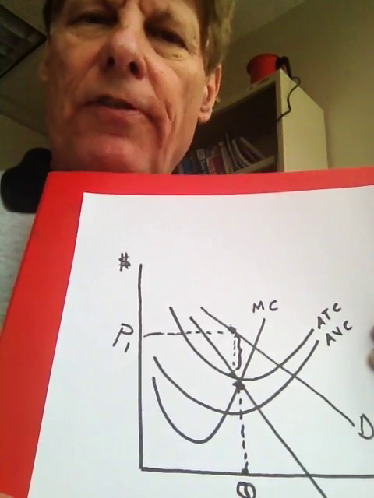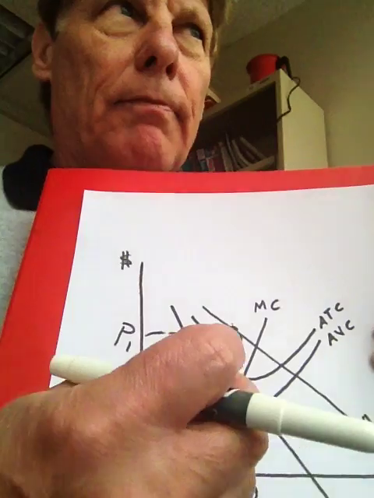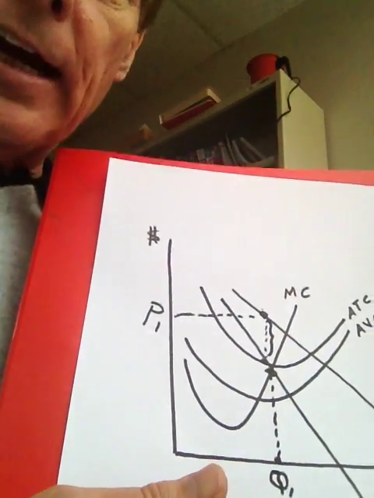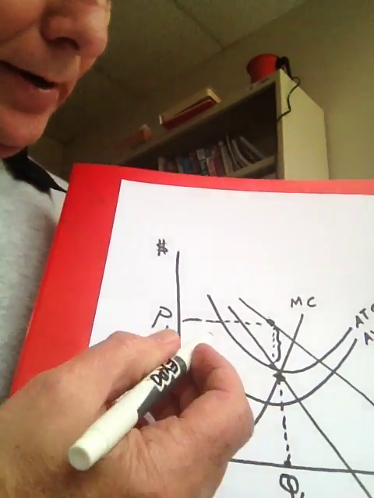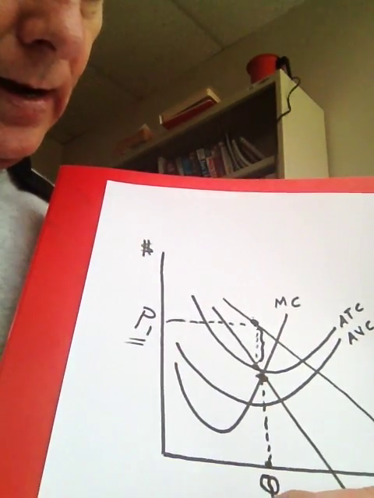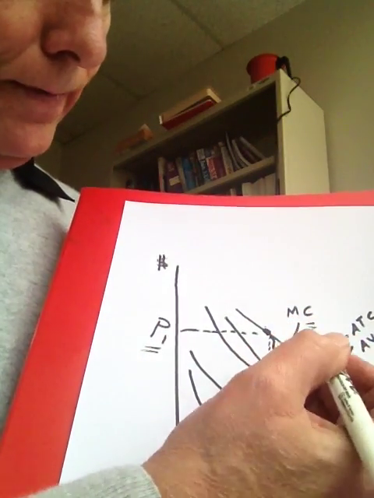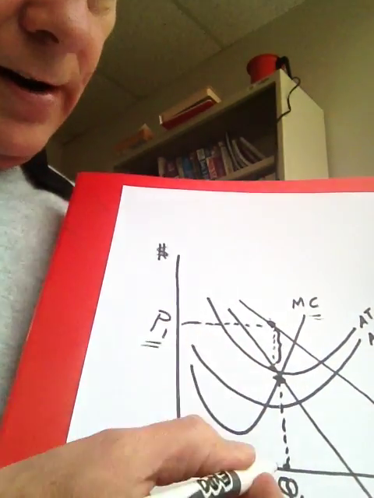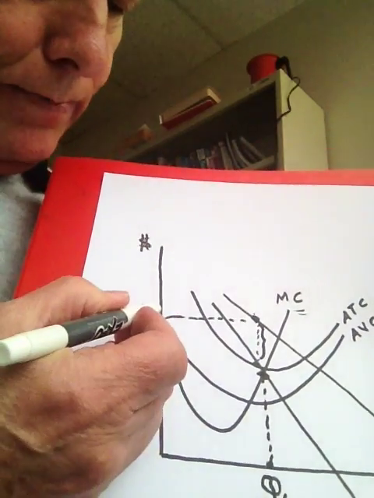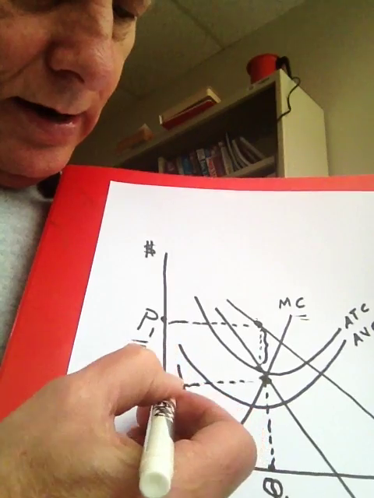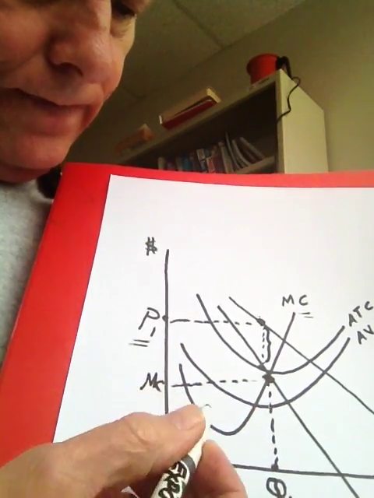Now let's look at our efficiency conditions to check out the efficiency. First, allocative efficiency. Let's compare price and marginal cost. At this quantity right here, that output, here is the price, and here, draw it over, is the marginal cost.